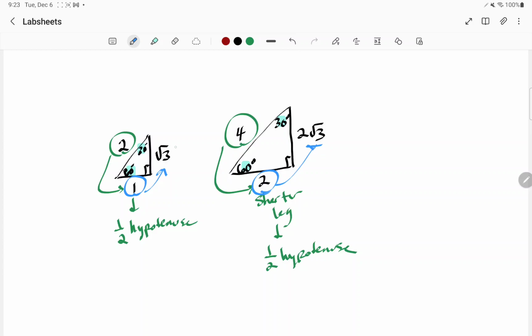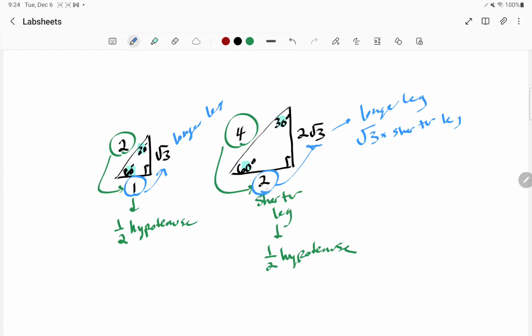Well, this is the longer leg. The longer leg is always 2 times the shorter leg. Sorry, not 2, but square root of 3. My bad. The square root of 3 times the shorter leg.